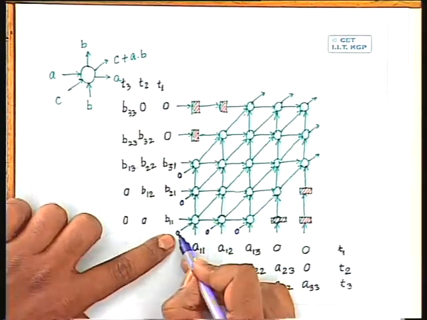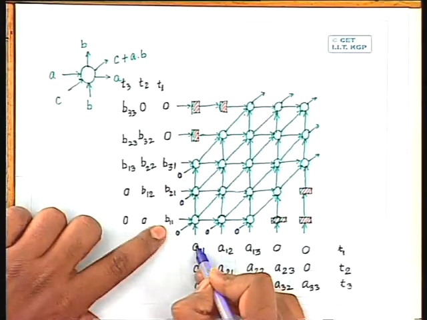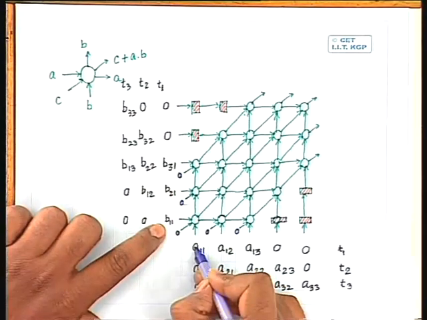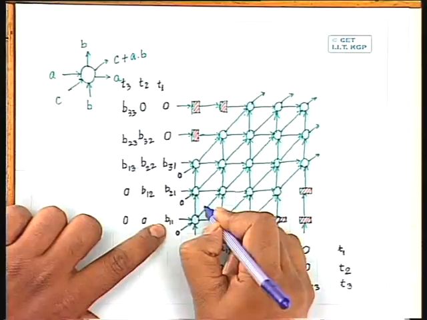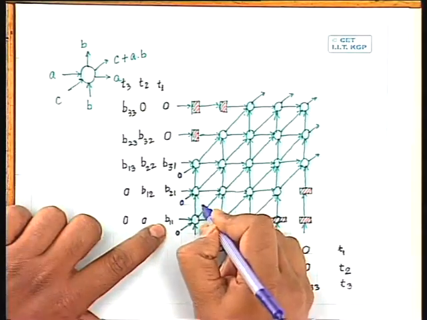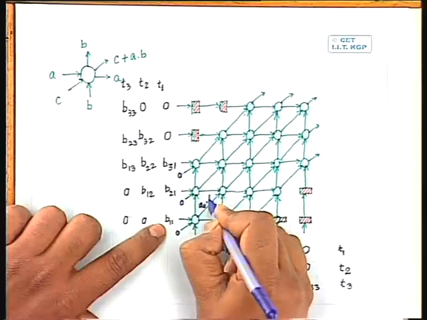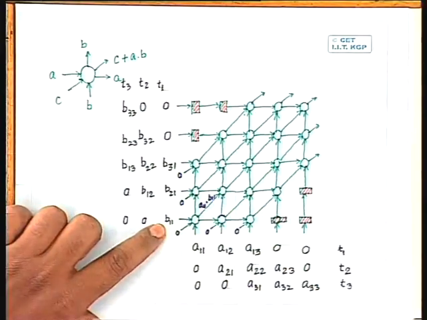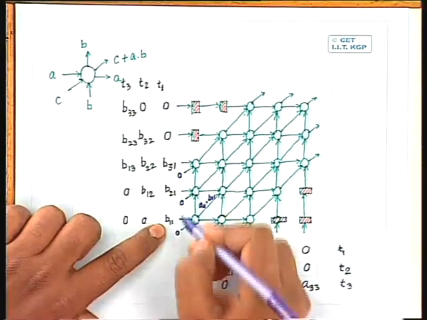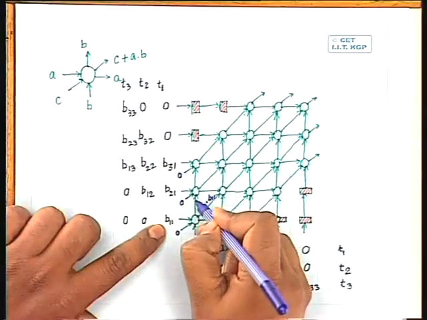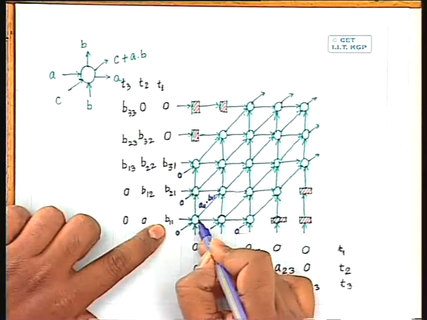That is 0 plus A11 into B11. So at this point, I will have the output as A11 into B11. What I will have here? Simply A11, and in this direction I will have simply B11.